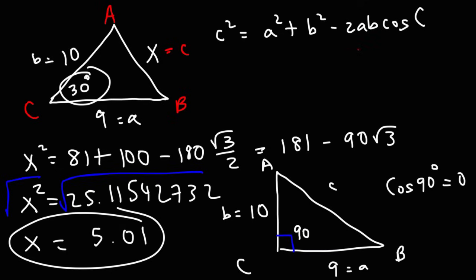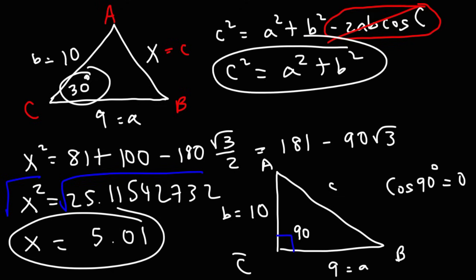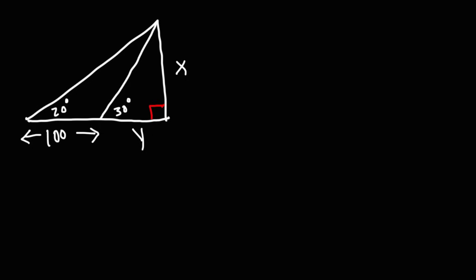So because cosine 90 is equal to 0, this portion becomes 0. So that basically disappears. And then we get the Pythagorean Theorem, which can be used when you have a right triangle. So you get c squared is equal to a squared plus b squared. That's why you can only use this if angle C is 90, or if you have a right triangle. If you don't have a right triangle, then you could use the law of sines or the law of cosines.